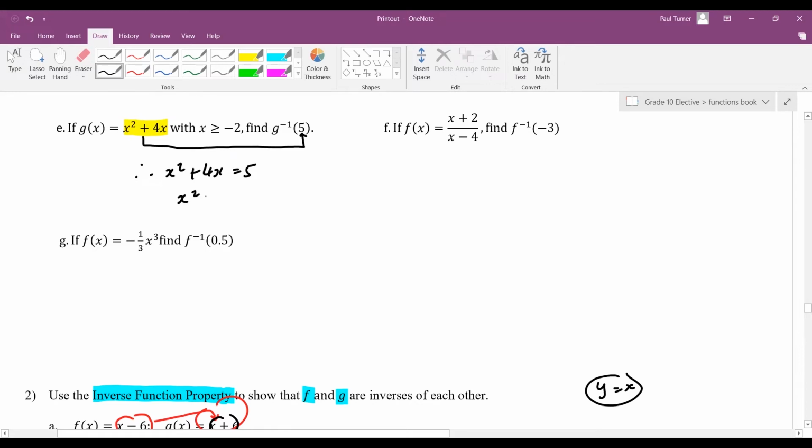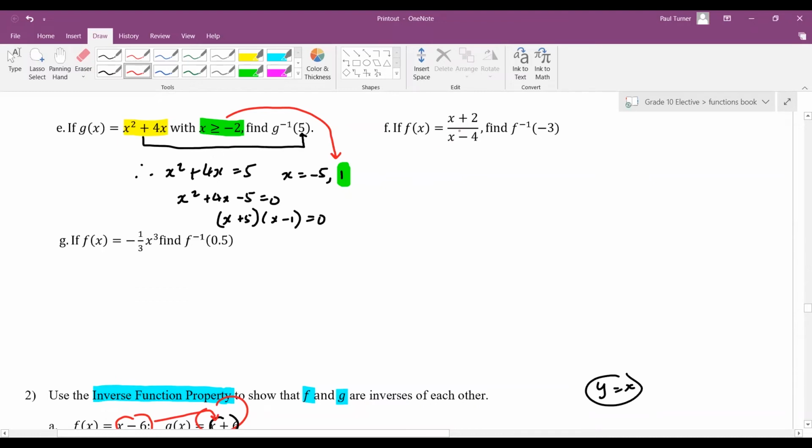So x squared plus 4x minus 5 is 0. So this will be x plus 5, x minus 1 equals 0. So x can equal -5 or 1. But notice here, x must be greater than -2. So there's only one answer, which is 1. You need to follow that from the original question. So in this case, x is 1 because x can't be less than -2.